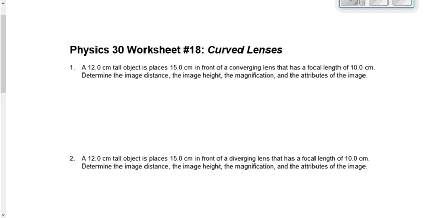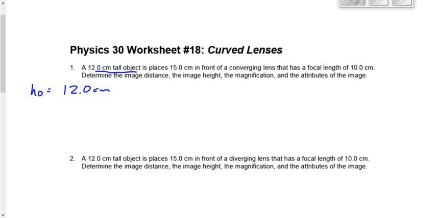Question number one says a 12 centimeter tall object. Now, we have to assume that the object is right side up, so we're going to make HO positive 12.0 centimeters. It's pretty safe to assume that it's right side up if it doesn't specify, unless it actually says that it's upside down.